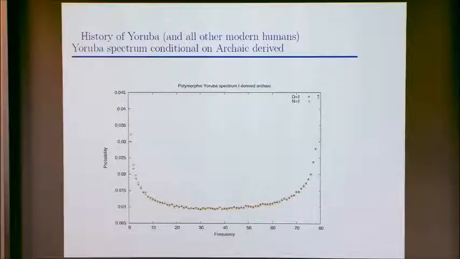But that's actually not quite the whole story, because this is a conditional spectrum, and you could ask the probability that Yoruba is polymorphic. And it turns out that that's very different when you condition on Denisova or Neanderthal. Yoruba's got a 2.5% smaller probability of being polymorphic if you condition on Denisova than on Neanderthal.